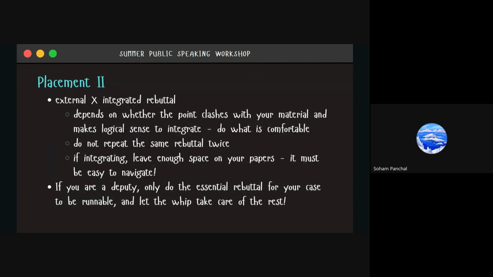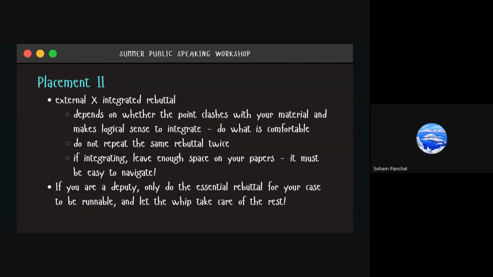Okay, and now about the rebuttals which are actually presented and explained by the opposition. How you include this is, you first make a rebuttal.